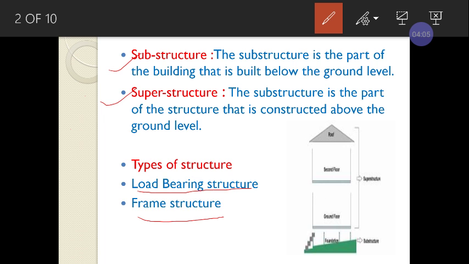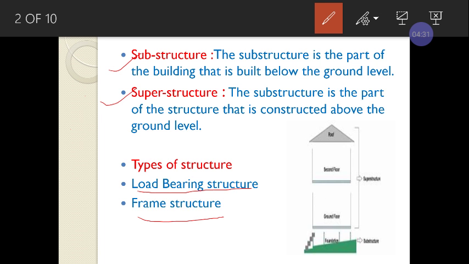And the frame structure is nothing but an RCC frame structure, where different components like beams and columns are used to transfer the load from the top slab surface to the subsurface. With the help of the columns and beams, the load is transferred.